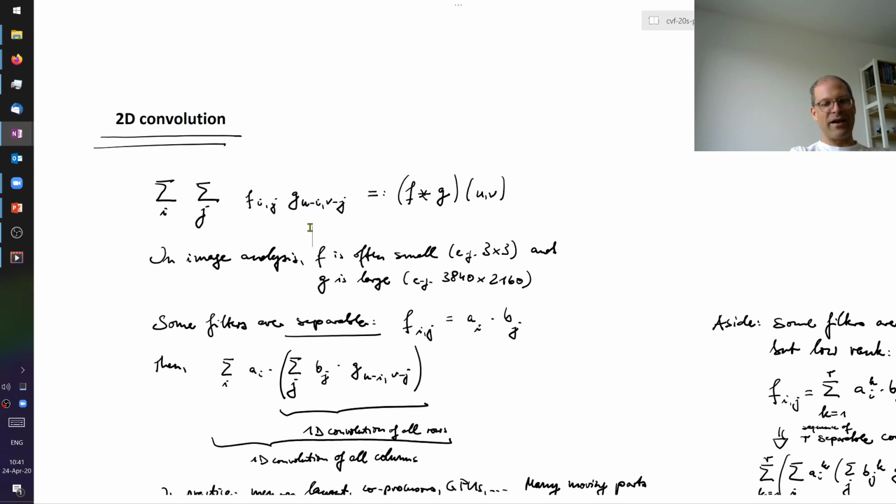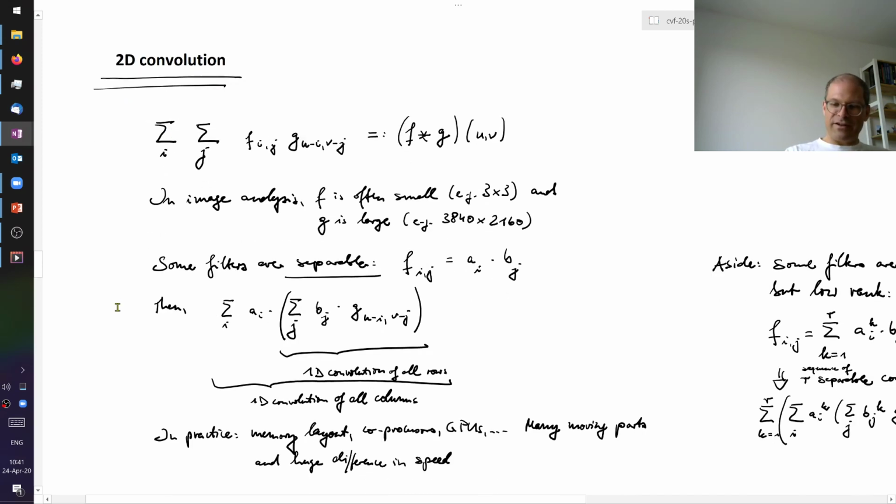And then it took a while until people proved, well, this was all empirical, that actually small filters work better. So it's better to use small filters and more layers. So now we are back at using mostly very small filters and mostly very large images.